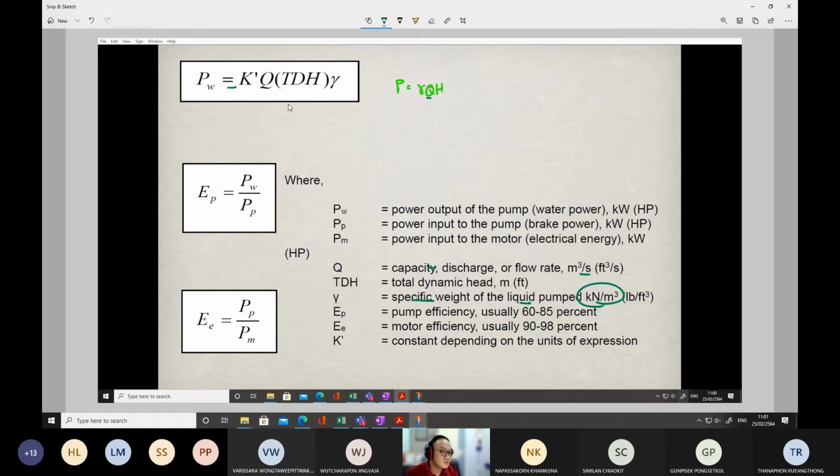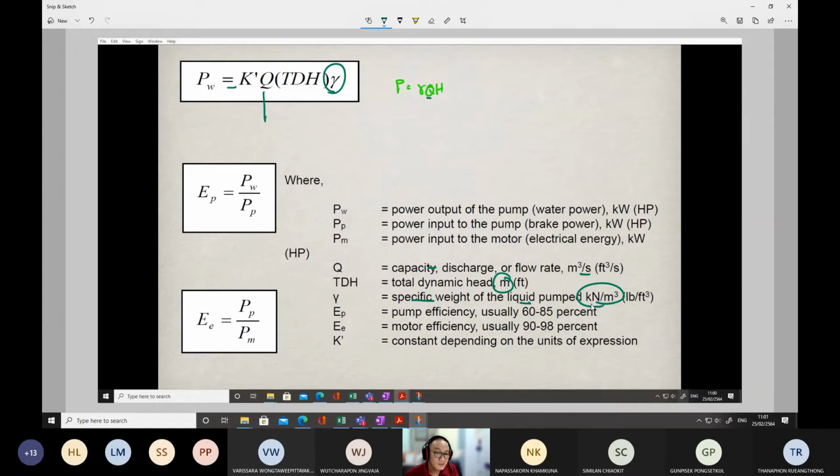So the units must correspond with each other. If you use SI units, Q must be expressed in cubic meters per second. If you want to substitute the TDS, the unit must be expressed in meters. For the specific weight, the unit that you need to substitute must be Newton per cubic meter.